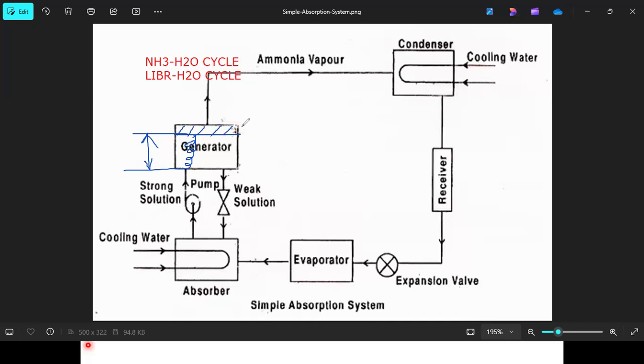Similarly here, as the high pressure and high temperature ammonia vapor is subjected to the condenser side, the temperature will start to drop down. Okay? Is it clear? Hello, is my point clear, guys? The temperature will drop, but not the pressure. Exactly, the temperature of the ammonia vapor will drop, but not the pressure.